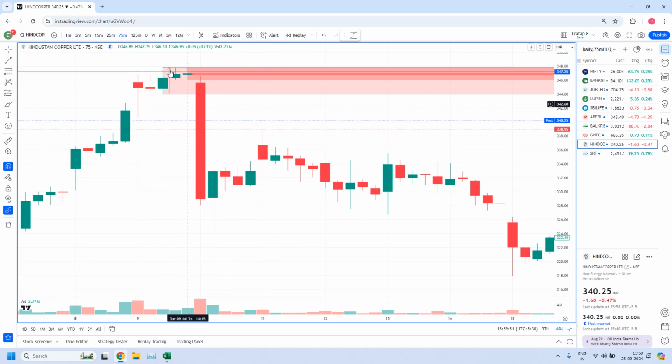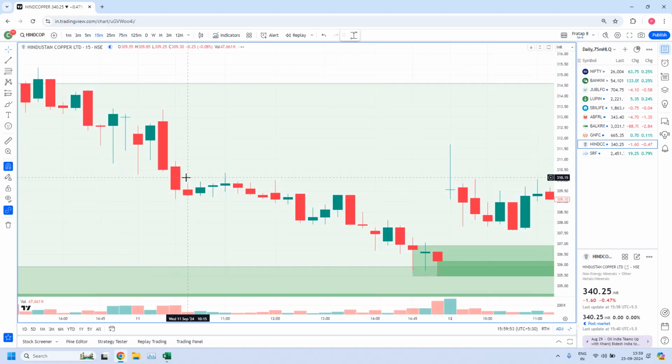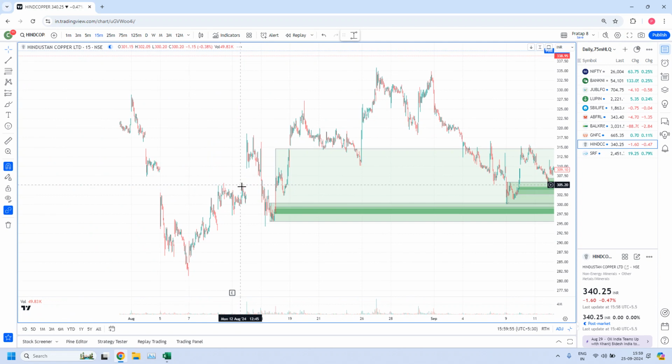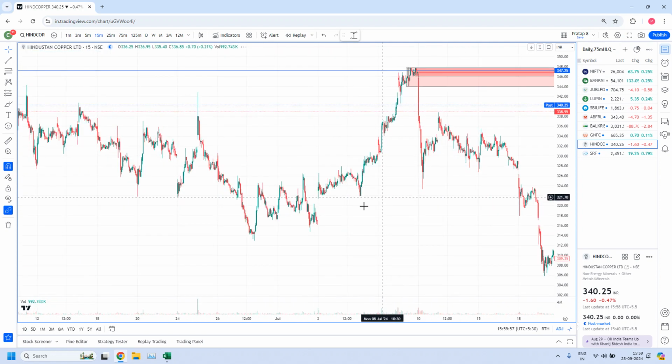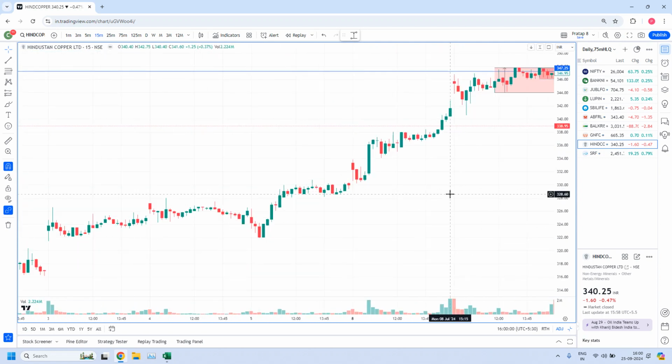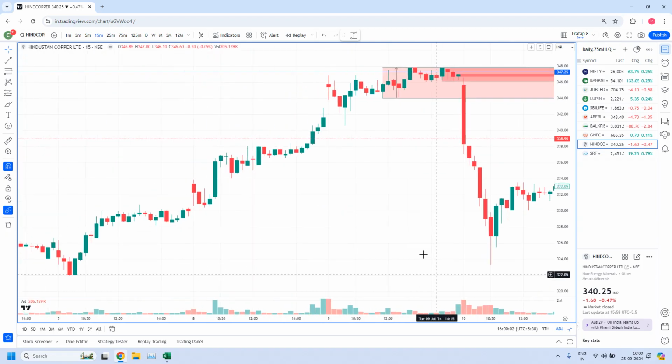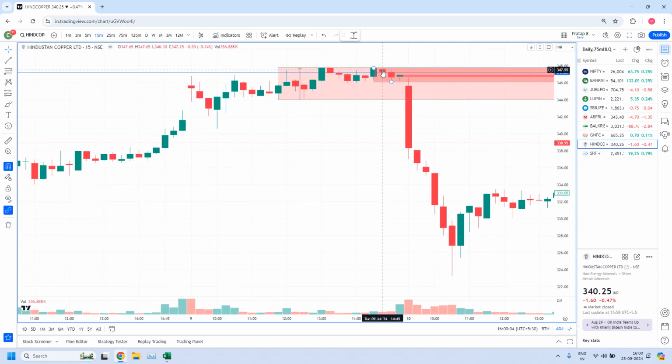And this one I fine tuned with the 15 minutes time frame. So in the 15 minutes we have a rally, 3 base candles and then a drop candle. Rally, base, drop. This is the 15 minutes fine tuned zone.